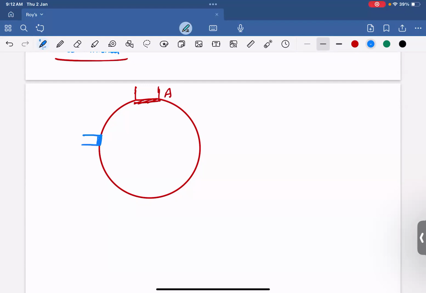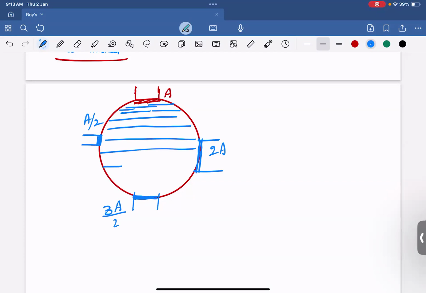Let's suppose this piston has an area A by 2. I'll take one piston here, and this has area, let's suppose, 3A by 2. And I'll take one large piston here. Let's suppose here the area is 2A. And I have filled some liquid in the container.